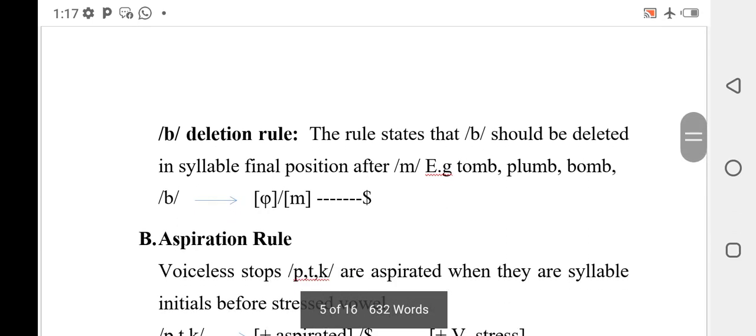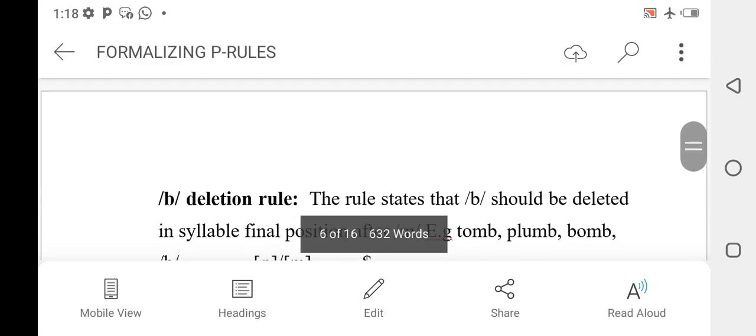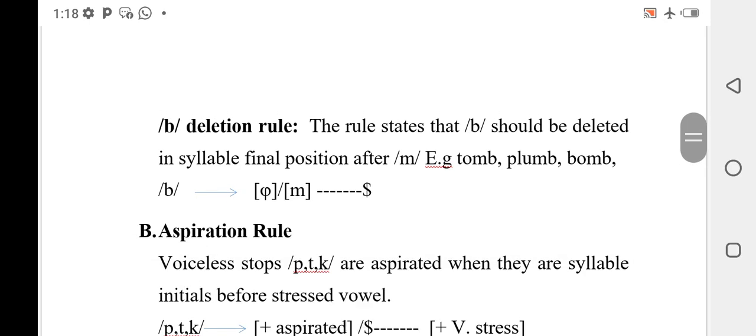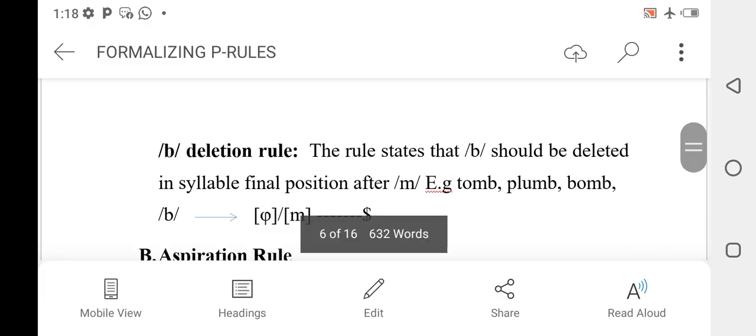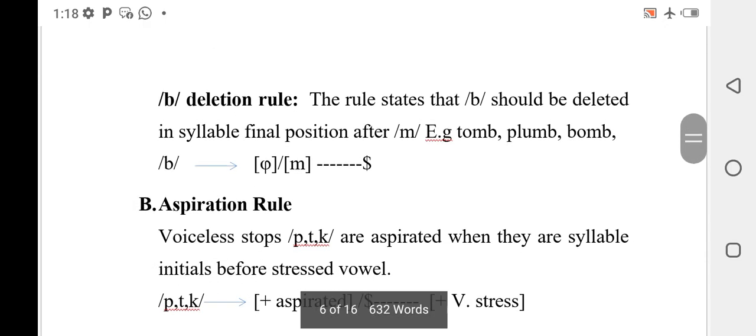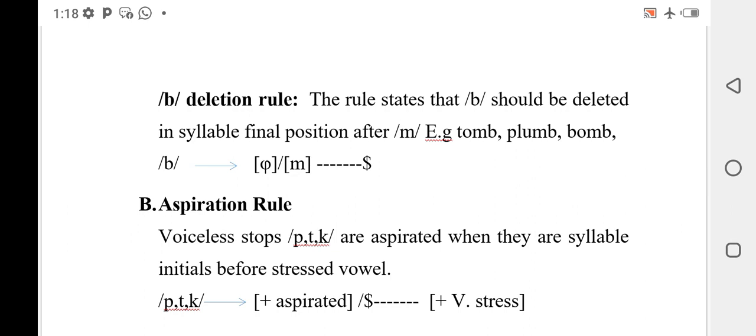Now we get to B deletion rule. Okay, so in B deletion rule, the rule says that B should be deleted in syllable final position after M. Syllable final position after M. Example, tomb.